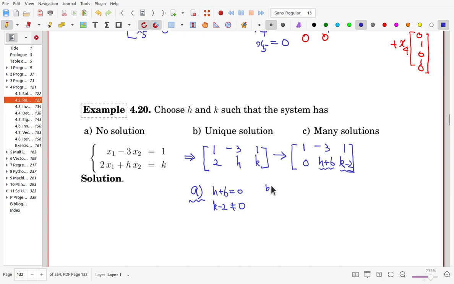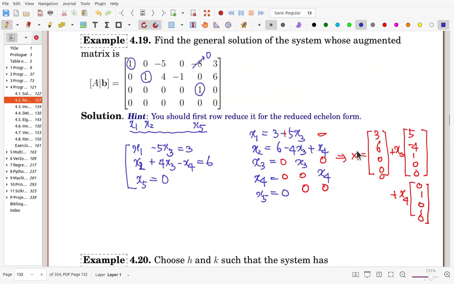And part B, unique solution. Now here, look at this one. If there's no free variable, then the solution will be unique. So uniqueness of the solution is related to no free variable.